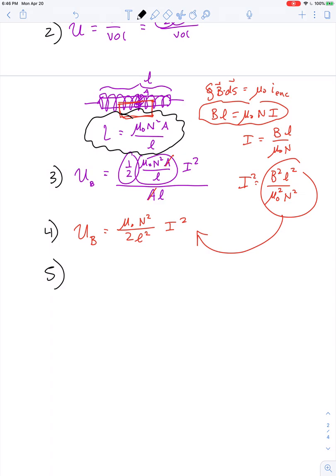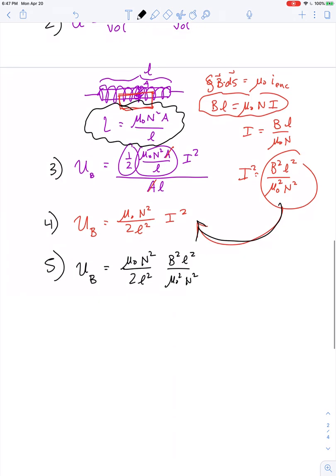So in step 5, we'll make this indicated substitution and see what we get. The energy density of a magnetic field is mu naught n squared over 2L squared times B squared L squared over mu naught squared N squared.